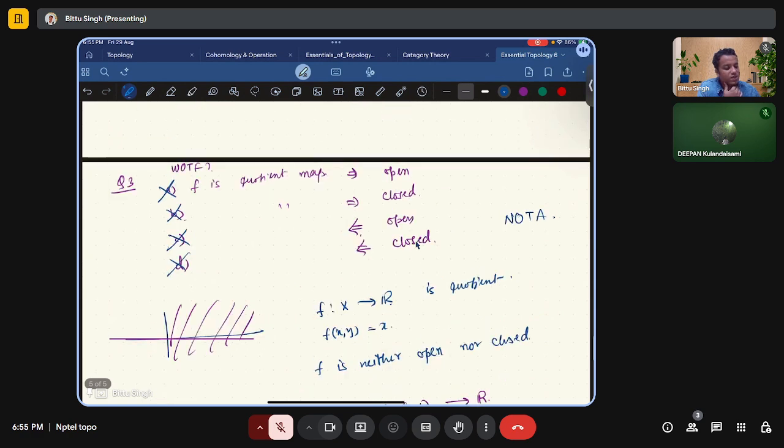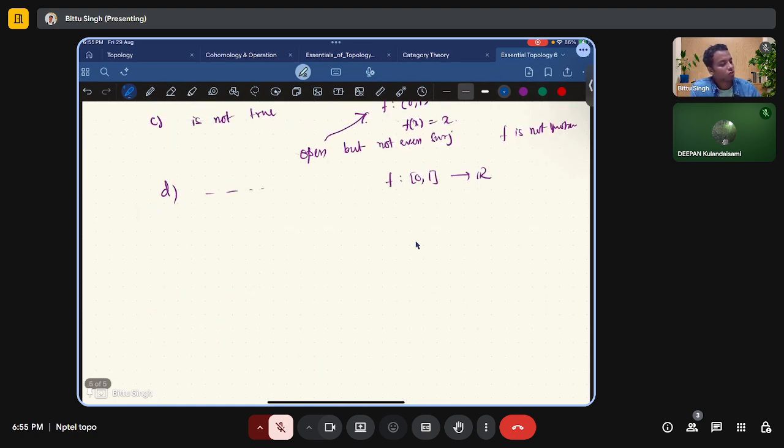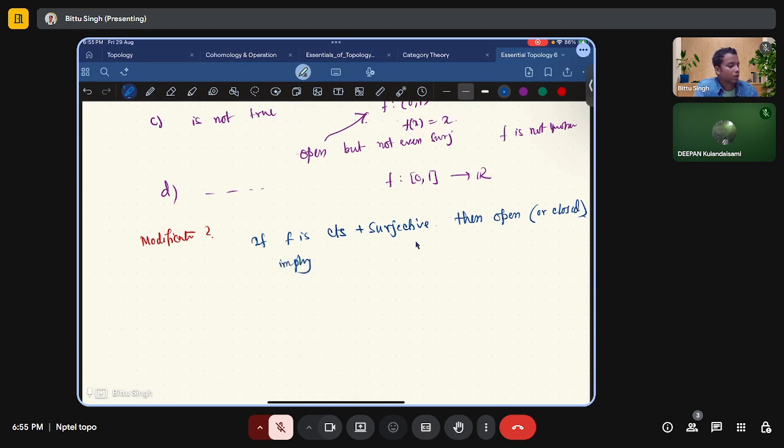Now, can we modify the conditions such that open will imply quotient map? A modification of this problem: if F is continuous plus surjective, then open or closed implies F is a quotient map.